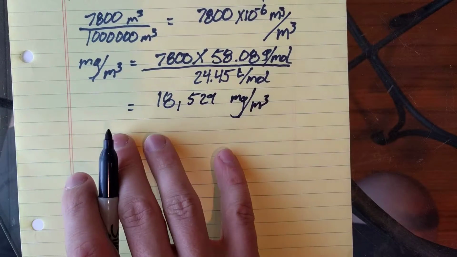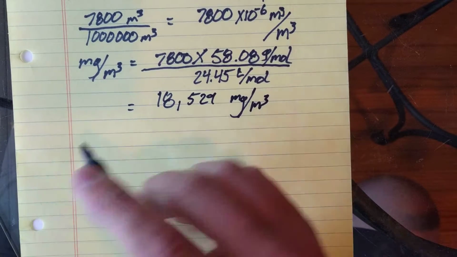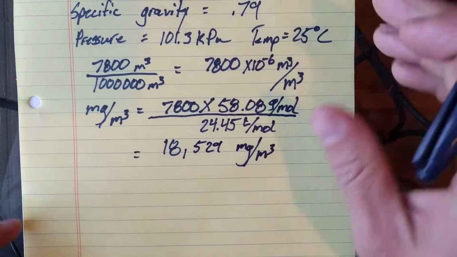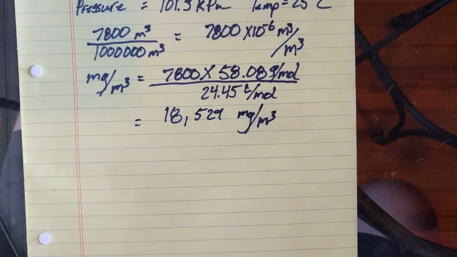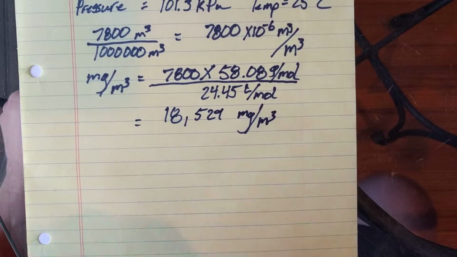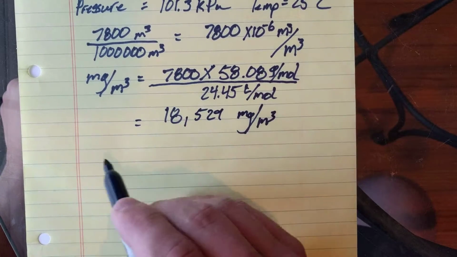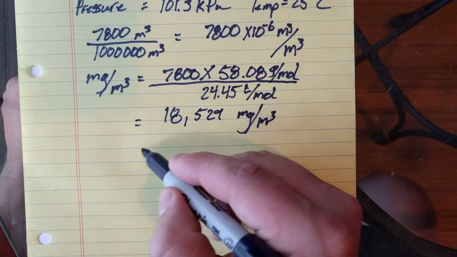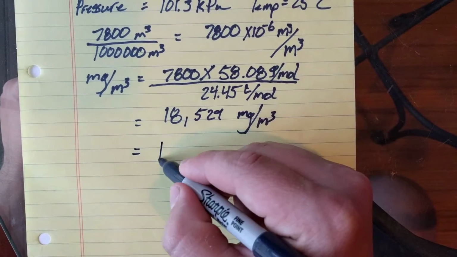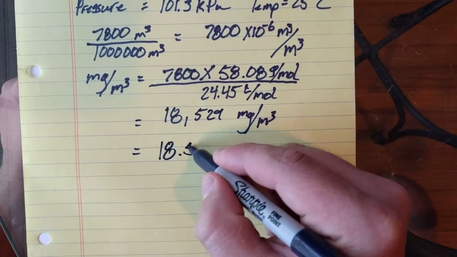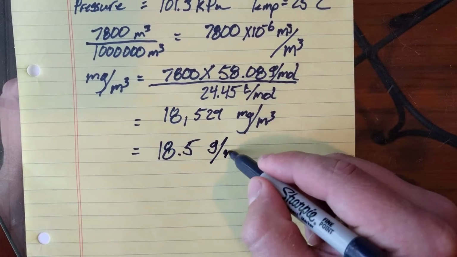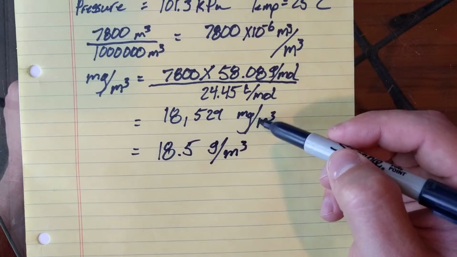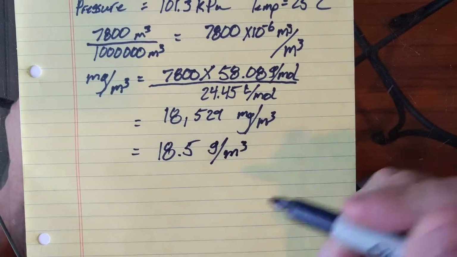And what you can do now with this is multiply by the volume that we had up here to figure out how many grams of acetone are in that space. So we're going to convert this real quick to grams per meter cubed. So you have 18.5 grams per meter cubed because there's 1,000 milligrams in 1 gram, right?